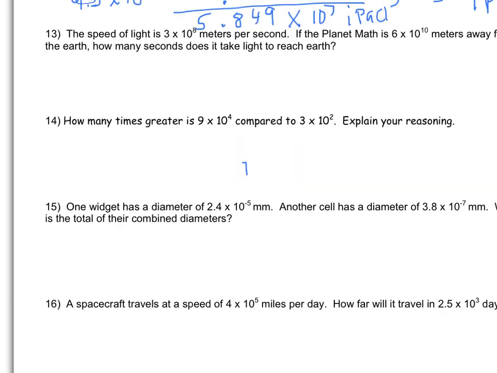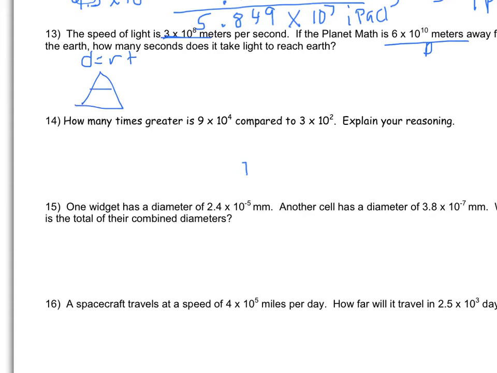All right, next problem. The speed of light. So speed is right here. If the planet mass is this many meters away, so that's your distance, how many seconds does it take? So we can do it a couple different ways. Distance equals rate times time, or that triangle.